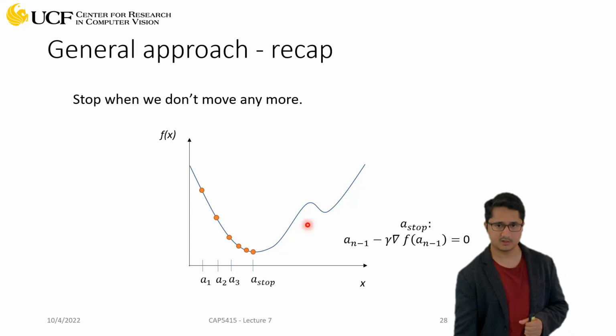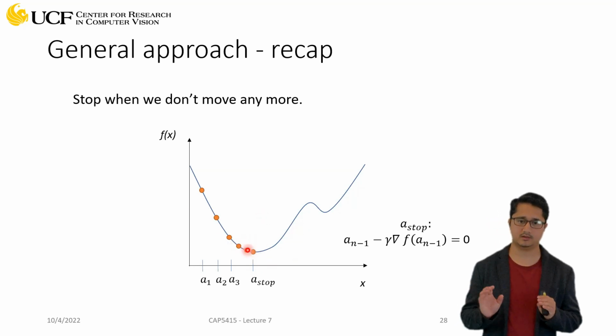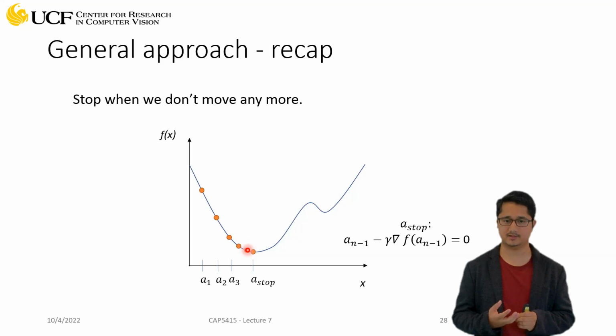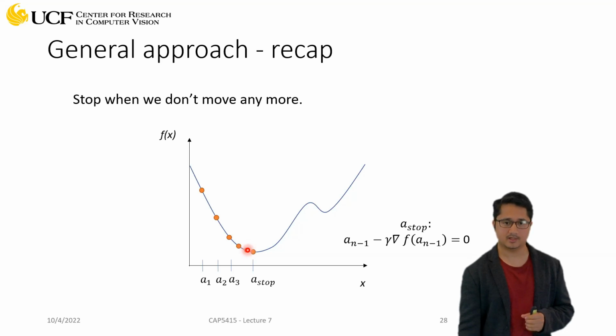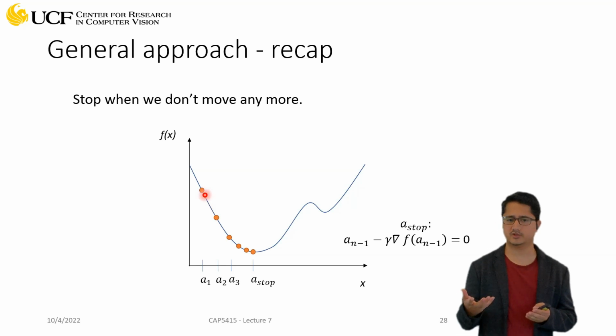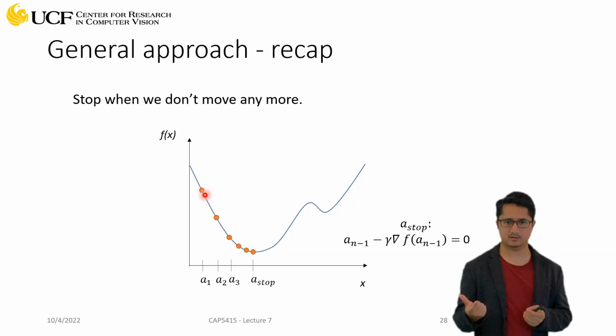Now, the idea is we want to reach this point, and as we discussed in the last lecture, we are going to make use of stochastic gradient descent. The idea is we initialize our network randomly, which means that the initial prediction will be random. With that random prediction, the loss value will be high because it's just a random guess.